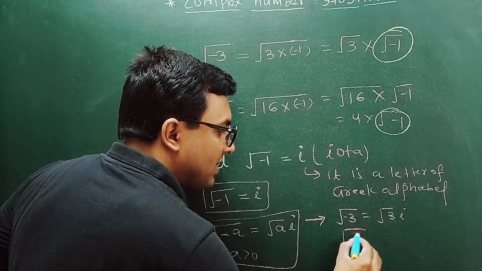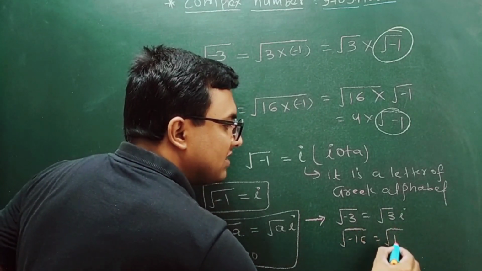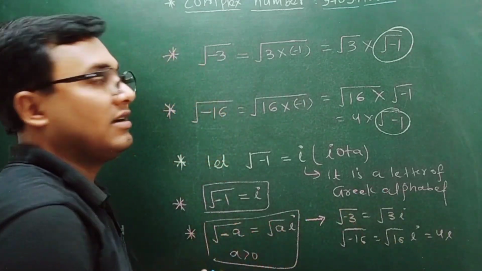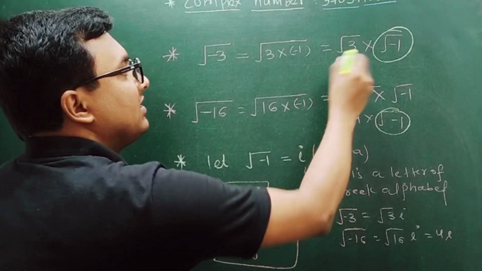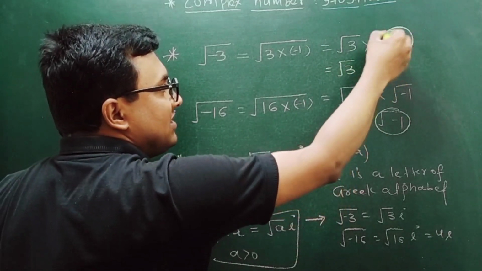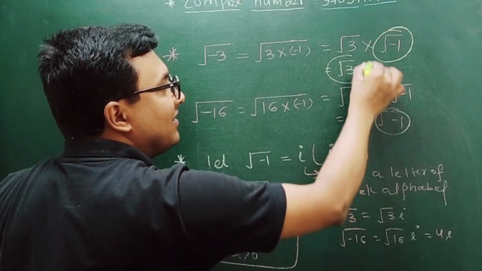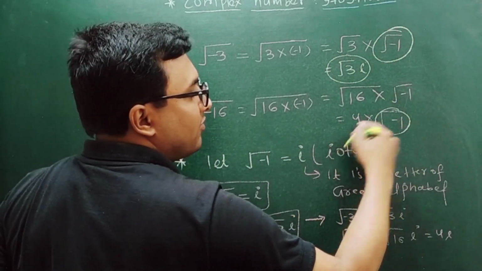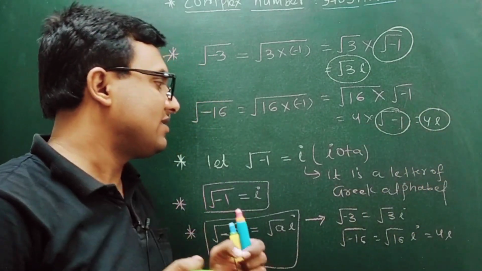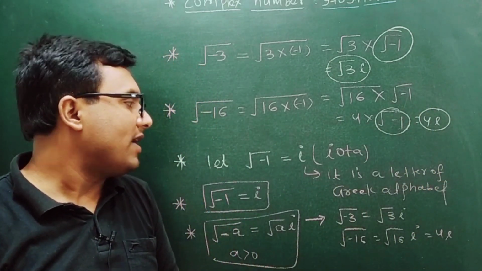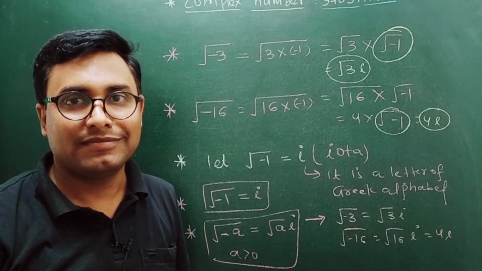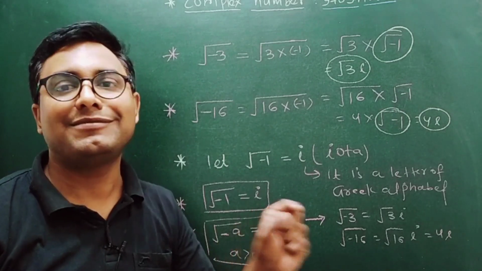Root under minus 16 is written as root under 16 iota, that means 4 iota. So hence we know what iota is. Iota is also an imaginary number, and iota is equal to root under minus 1.